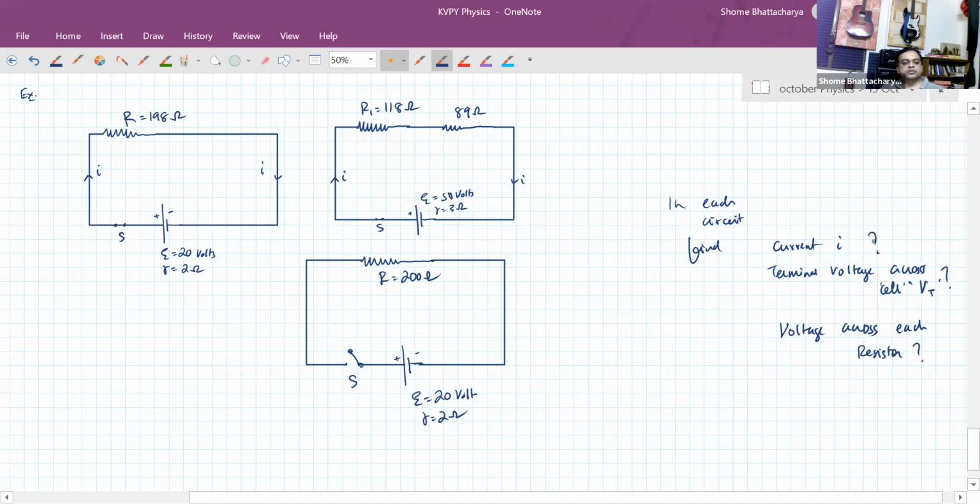So for each of the corresponding circuit diagrams, say diagram 1, diagram 2, and diagram 3, you have to calculate each of these three things: current, terminal voltage, and the voltage across each resistor. So for example, in the second circuit, there are two resistors, so separately you have to mention the voltage across each of these resistors.